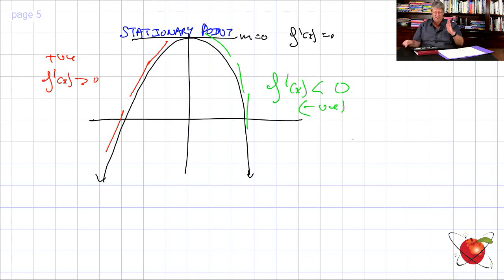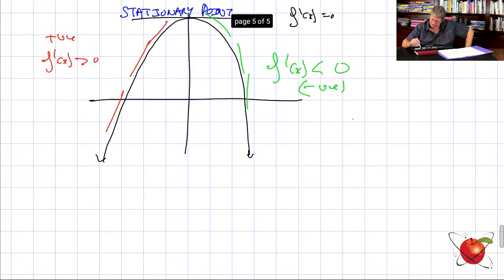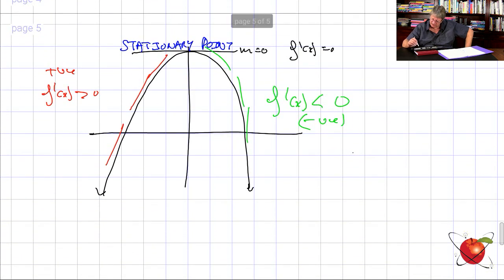because on this side it's going positive gradient, positive, and it's getting less and less and less until I come to that point where the slope of the line, the gradient, is 0. Then it turns and it goes down the other way. We then say, just a little thing, let's have a look at this.